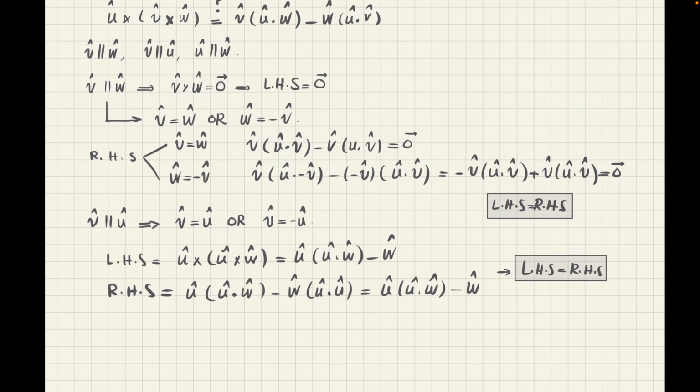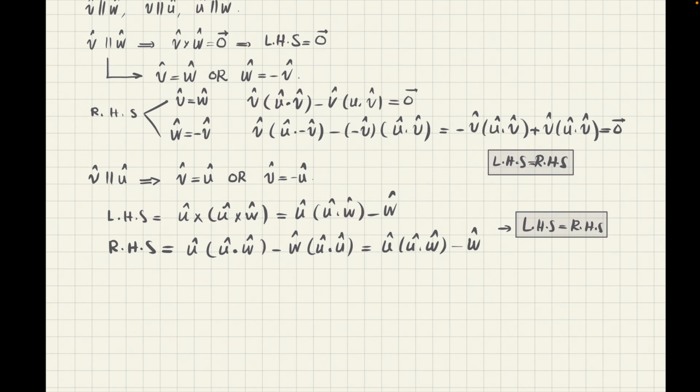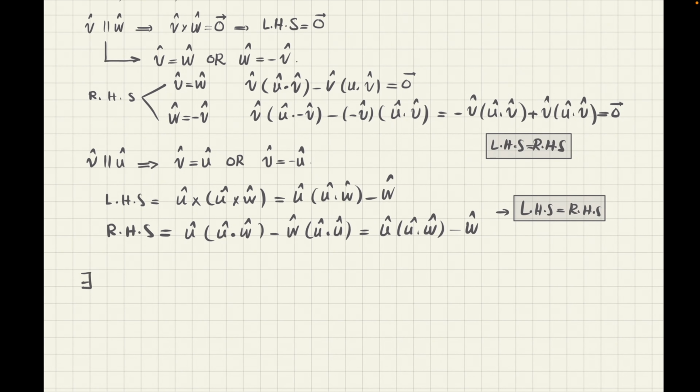Okay, how should we prove this? Again, the idea is the same. I have to say that there exist S and T in R such that U cross (V cross W) is SV plus TW.